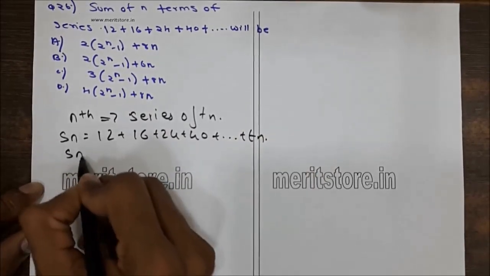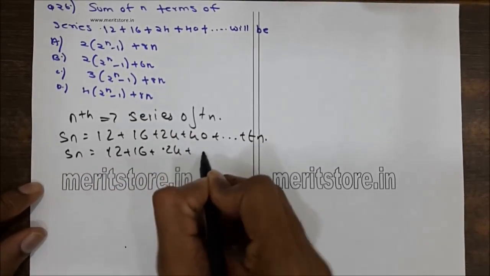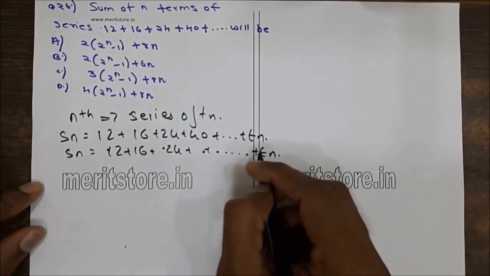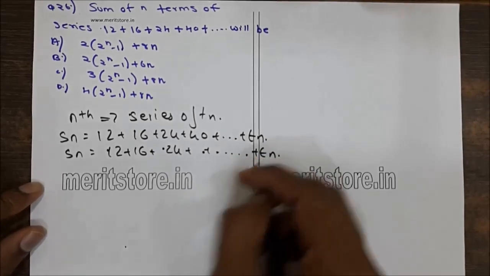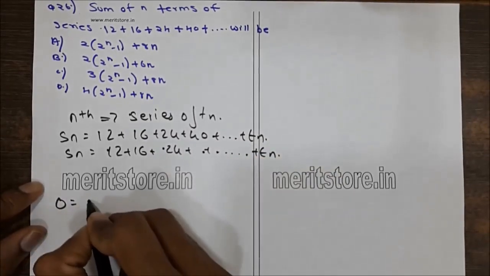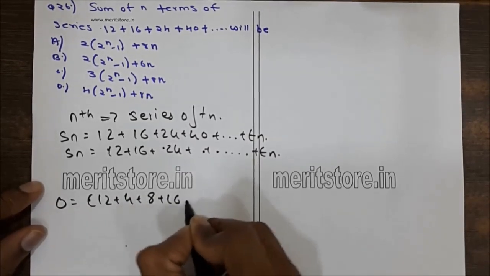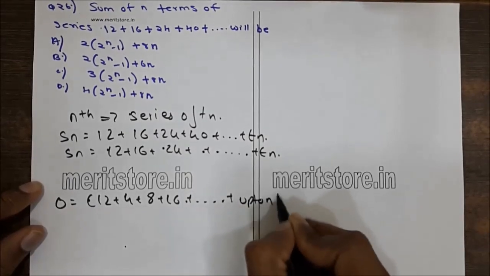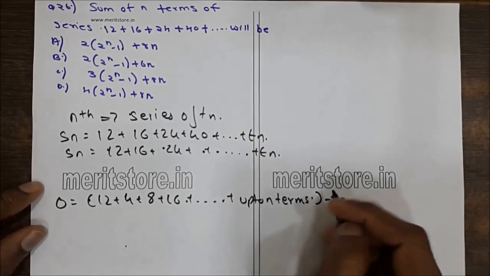Again we can write this as Sn equals 12 plus 16 plus 24 plus ... plus Tn. Subtracting both, we get 0 is equal to 12 plus 4 plus 8 plus 16 plus ... up to n terms, minus Tn.